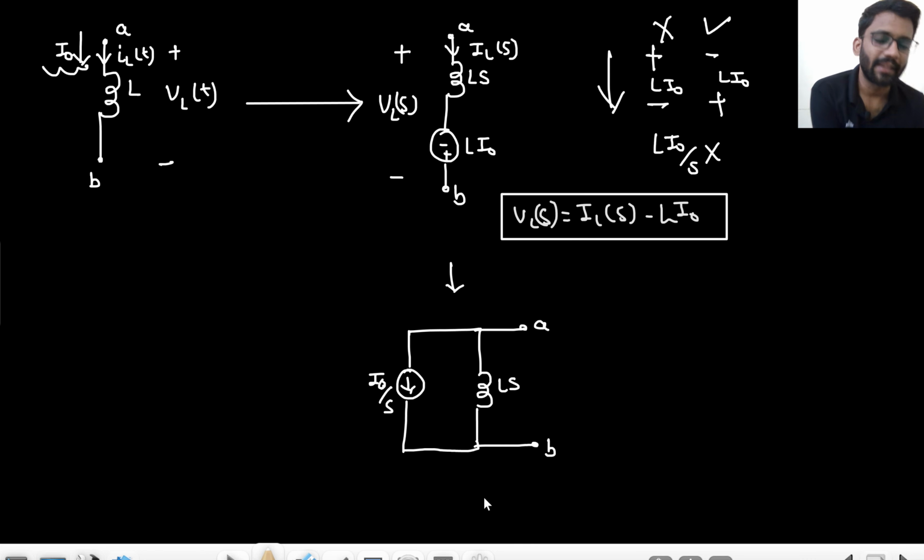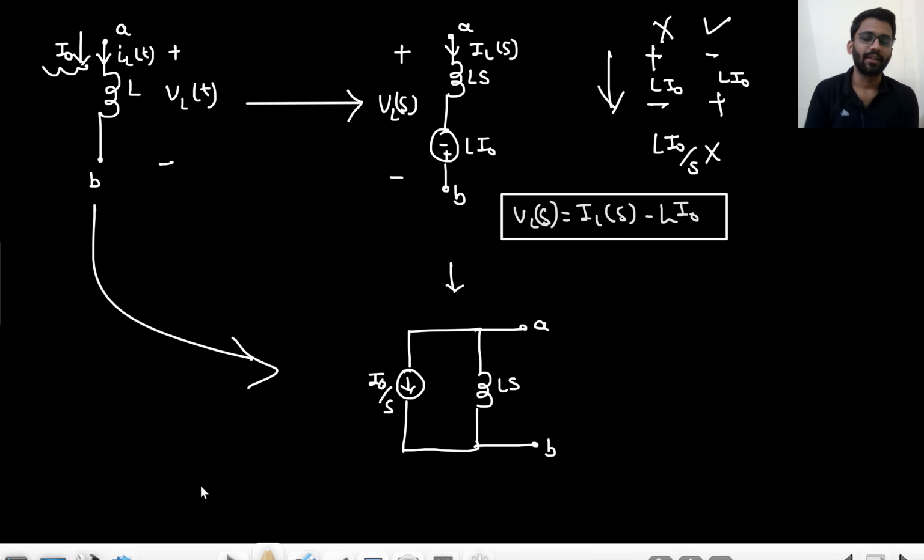Or what I can say, I can simply say that I have applied the source transformation, voltage source to current source. But direction is minus plus, so I will make the current get out like this, right? So I will make the current source direction I naught by S downward. Or you can see the I naught current is coming directly from here to here, so I naught current is coming down. So I naught by S and the impedance is L of S.